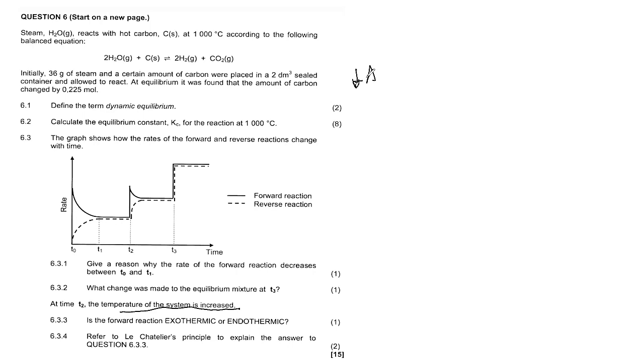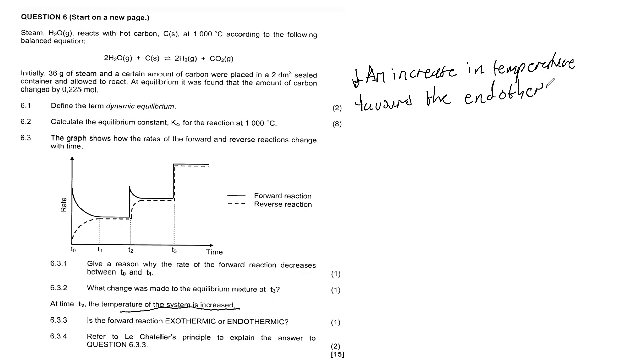Number one, we know that an increase in temperature favors the endothermic reaction. So it doesn't matter whether your endothermic is forward or reverse. An increase in temperature just simply favors the endothermic reaction.